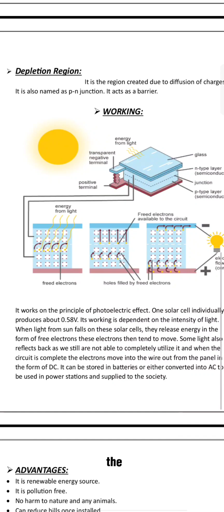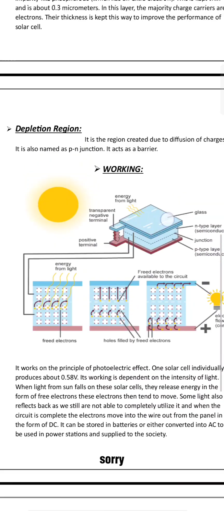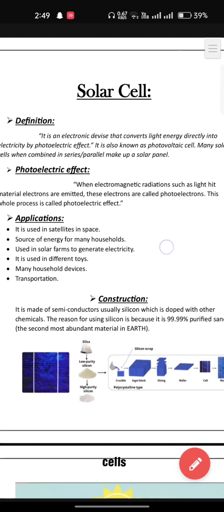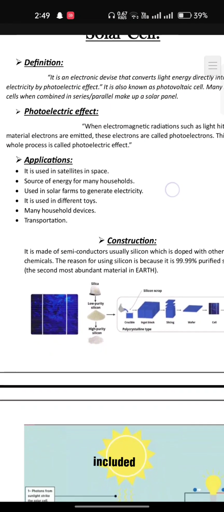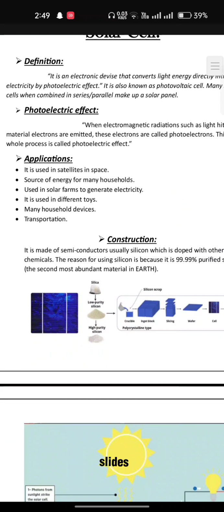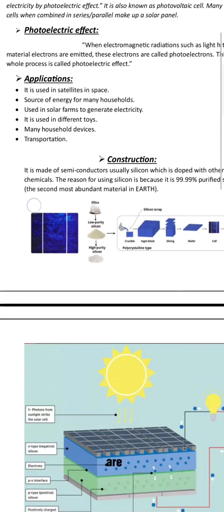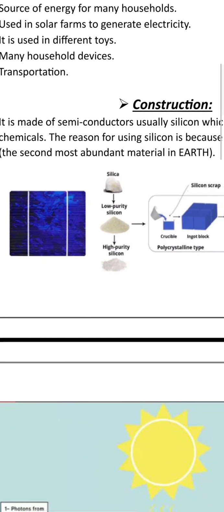Now we come to the working. Oh, of course, sorry about that. I forgot that there are two types of solar cells. I have not included that in my slides here, but there are two types: one is monocrystalline and the other is polycrystalline. The one you are being shown here is polycrystalline, as it is more widely used, because it is a bit cheaper compared to monocrystalline.